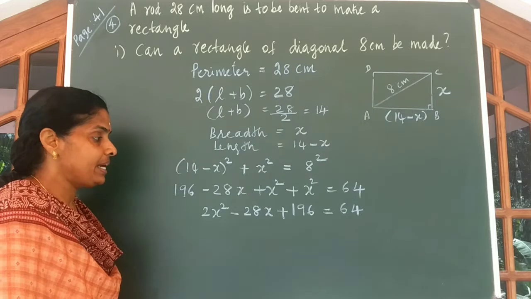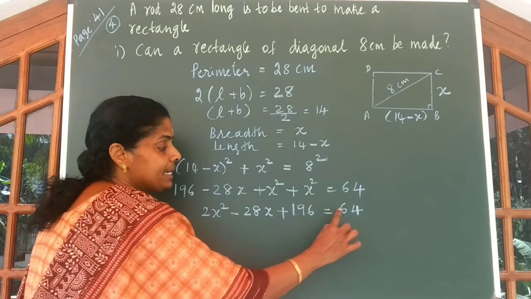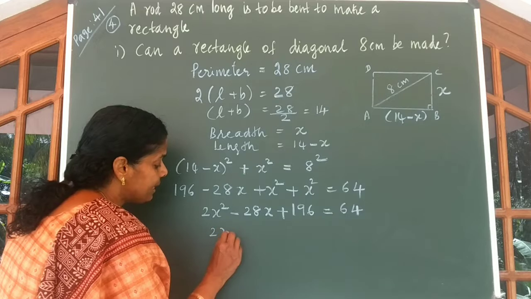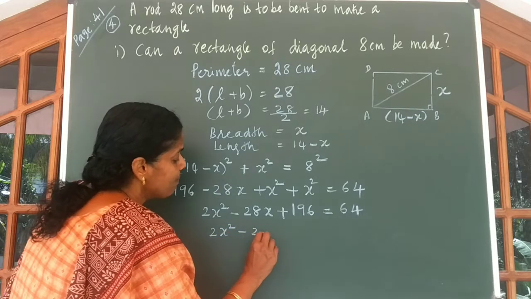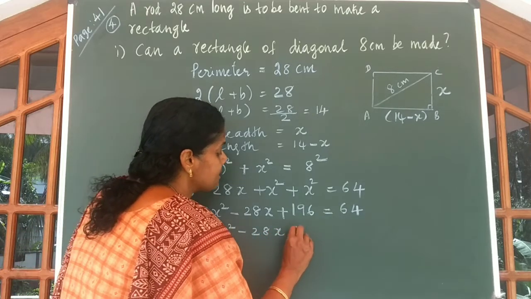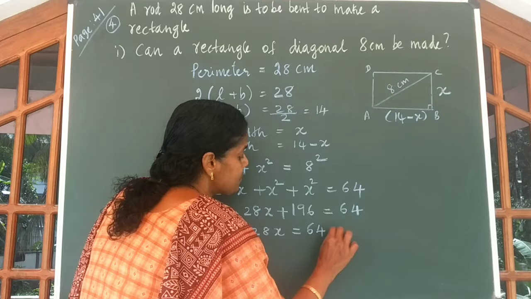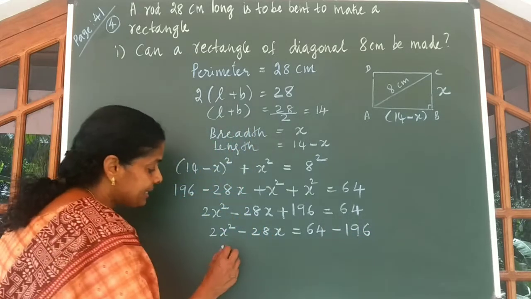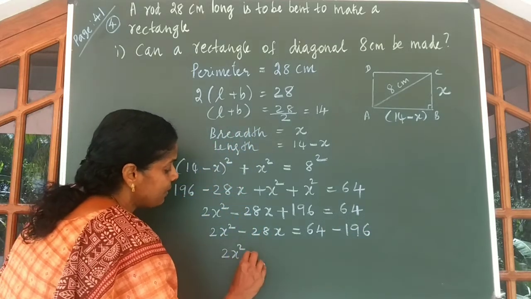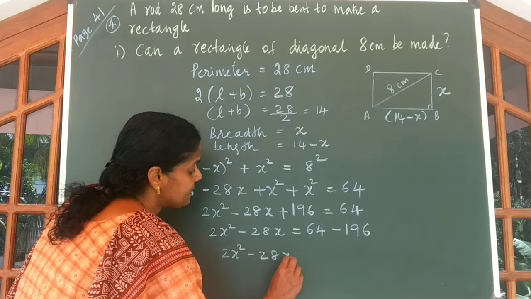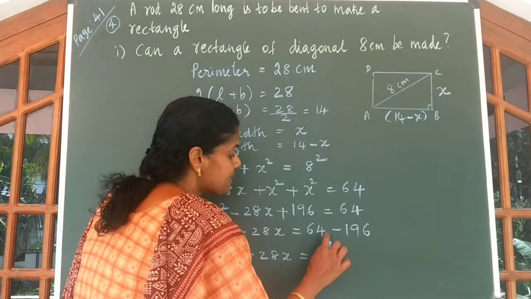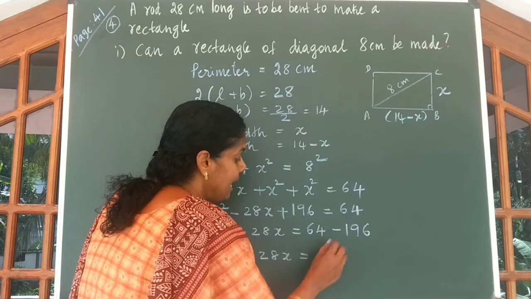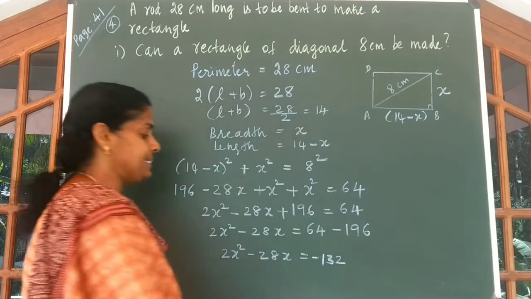In the next step, let us take 196 to the other side of the equal to sign. Then we will get 2x square minus 28x is equal to 64 minus 196, that is minus 132.